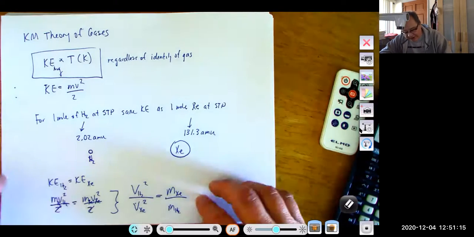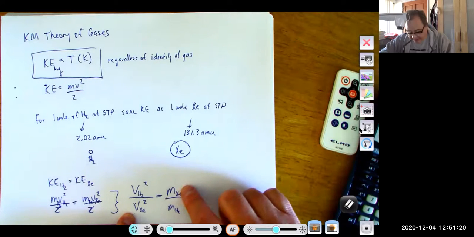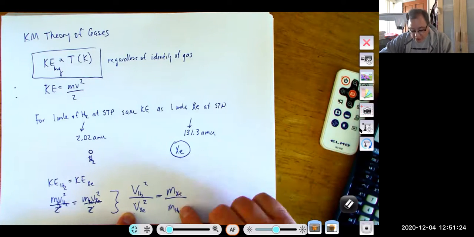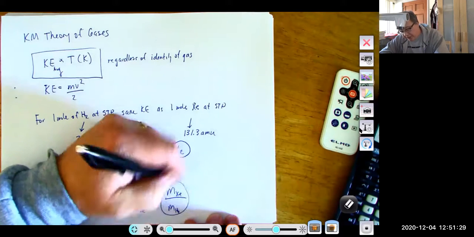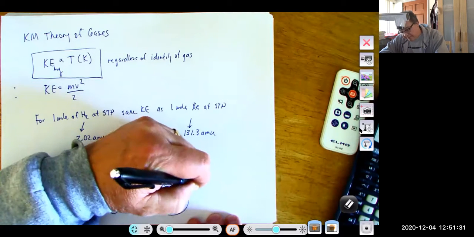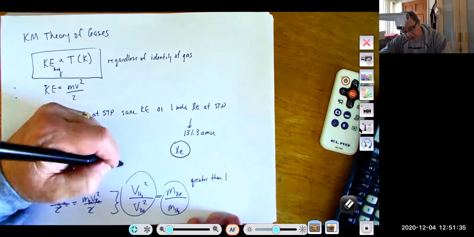So what is this telling us here? Well, look at this guy here. We know that the mass of the xenon is far bigger than H2. So here, this is going to be greater than 1. What does it tell us about this? This is also greater than 1.